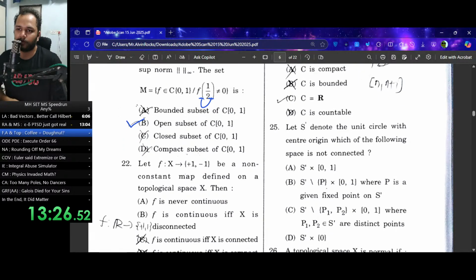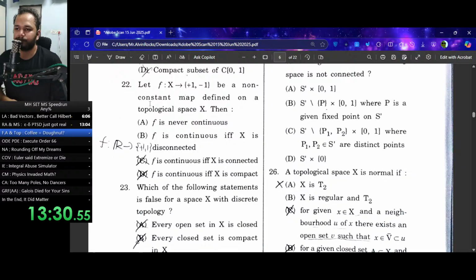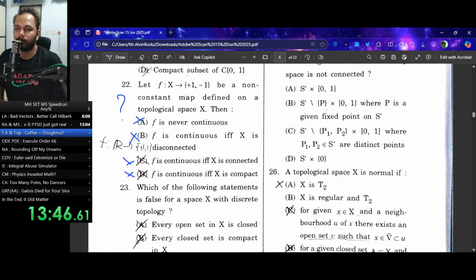Union of open sets is open, that's just basic. I think here it is like an open question, because it's not the case. All could be wrong as well. That's why just a guess, option B.